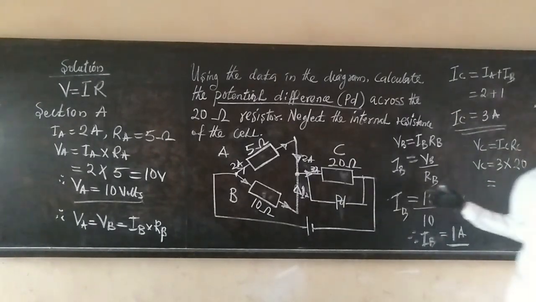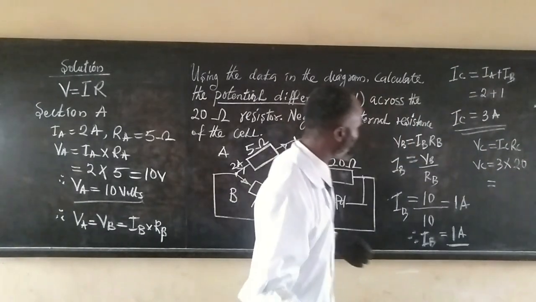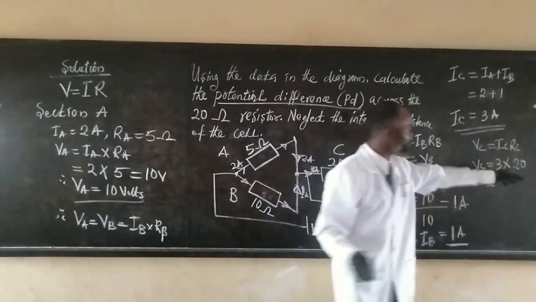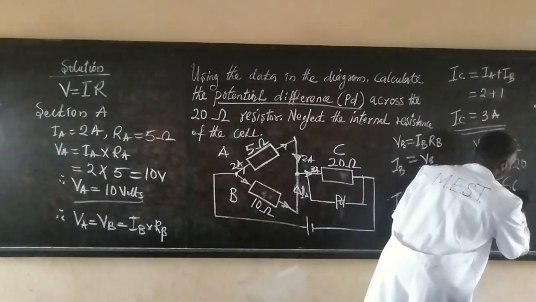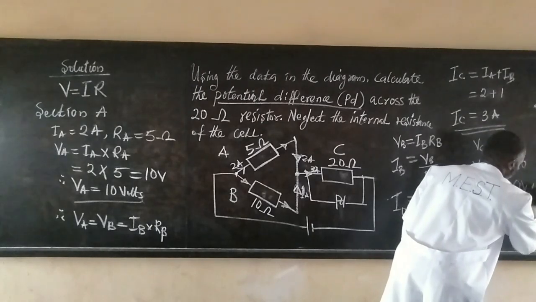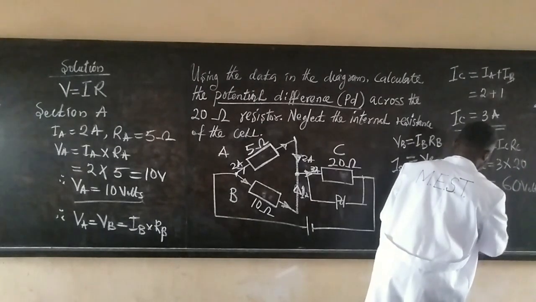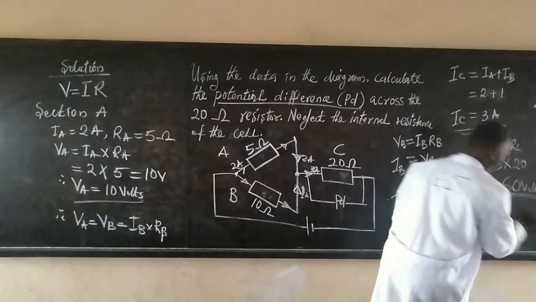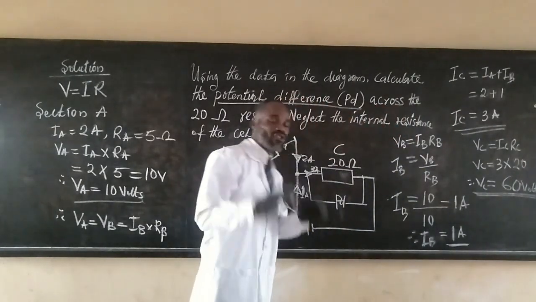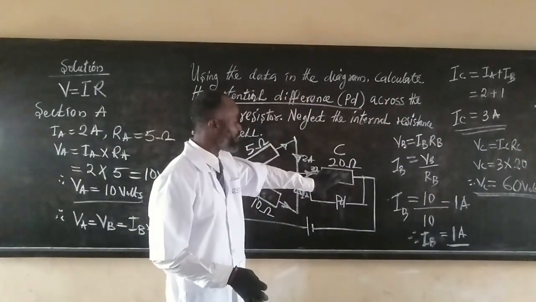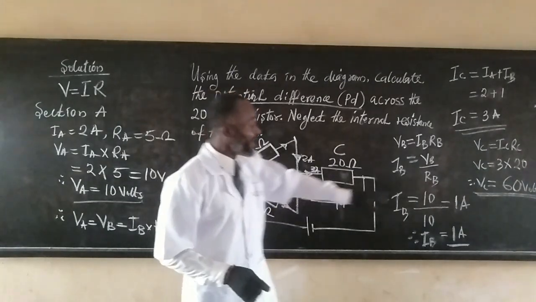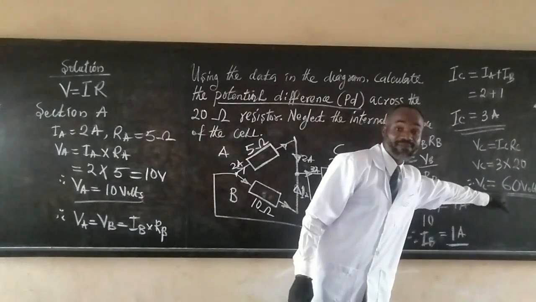So the final thing we're going to do is simple multiplication. 3 times 20 is going to give you 60 volts. Alright, VC. This means that the potential difference across the resistor with 20 ohms resistance is 60 volts.